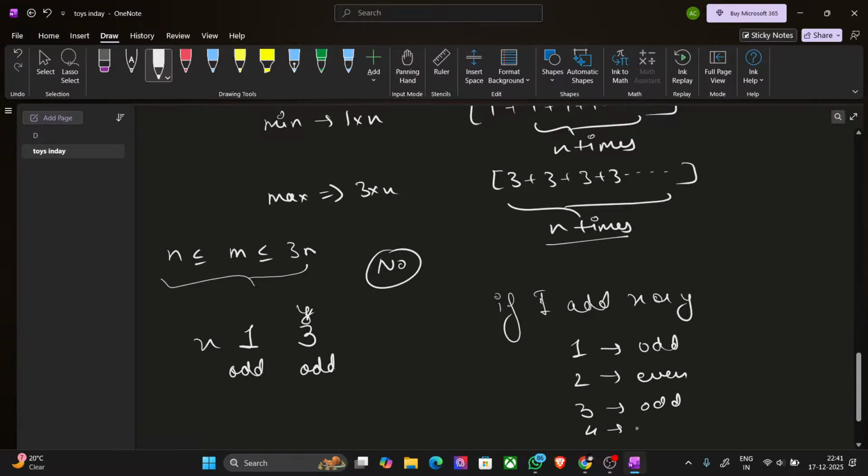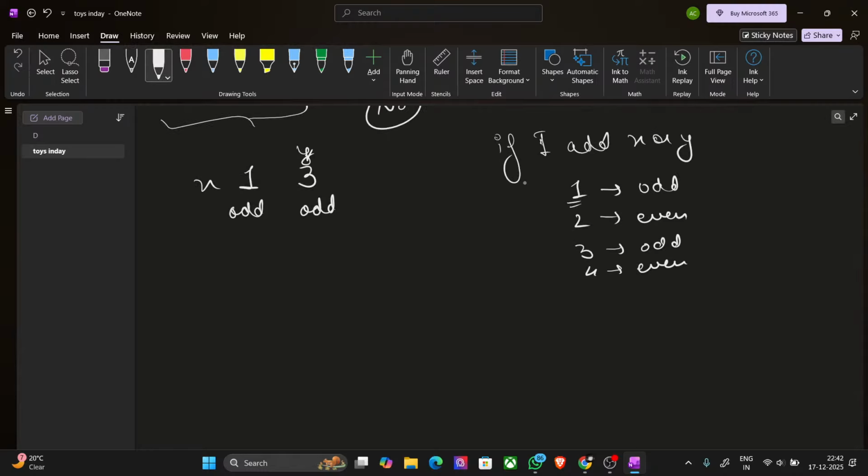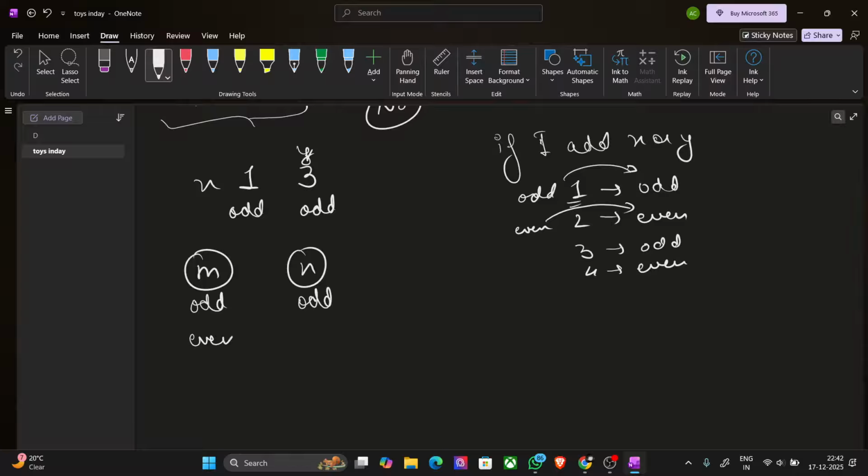If taken 4 times, the answer will be even. Like this. As you can see, if the number parity is odd, the answer will also be odd. If the number parity is even, the answer will be even. So to make m, the parity of m and n should be the same, which means if m is odd, n is also odd. If m is even, n is also even.